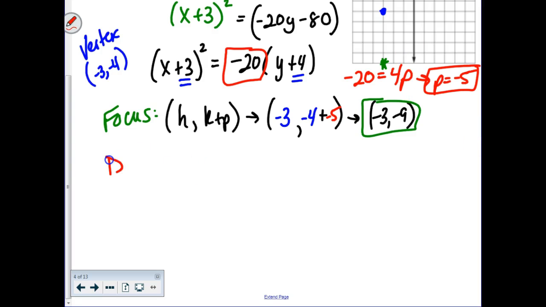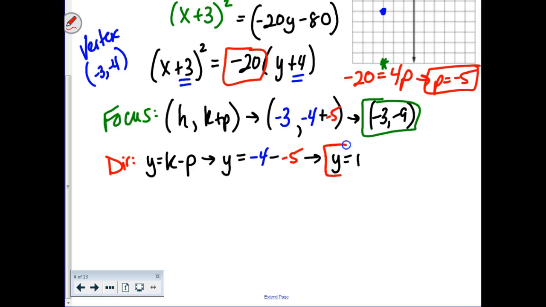So let's talk about the directrix line. For a vertical parabola like this, the directrix line is y equals k minus p. So for us, that would be -4, and then minus a -5, which simplifies to y equals 1.